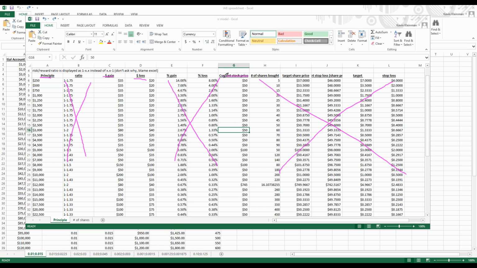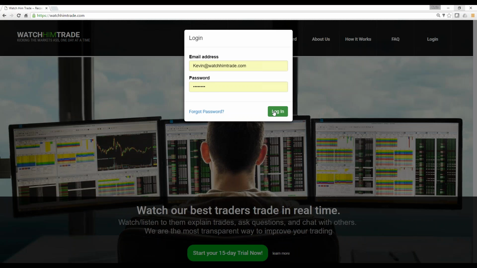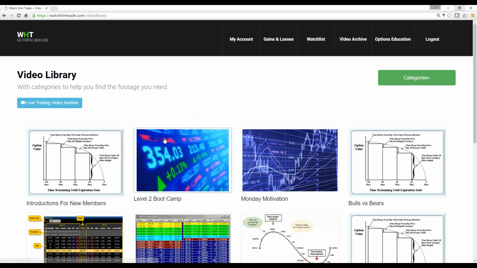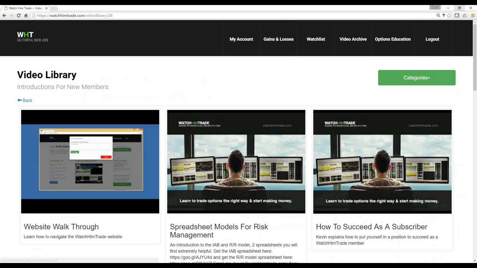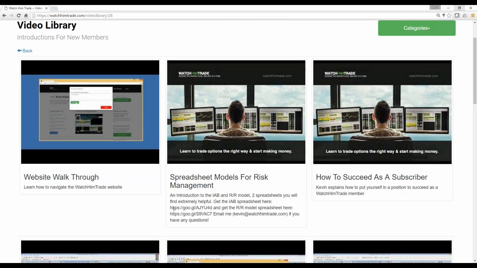So if you are a member and you're looking for these spreadsheets, all you need to do is log into the website like you normally would, go to the video archive, go to the introductions for new members, and you'll see the spreadsheet models for risk management, and in the description you see the 2 links to get each spreadsheet.